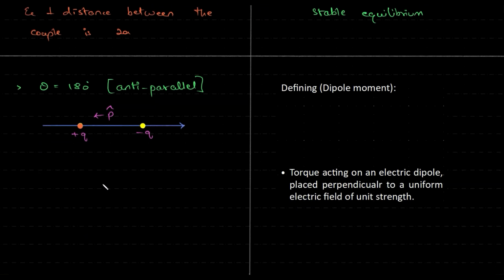What will happen over here? So we have charge, say, displaced in this manner. So what will happen? The positive charge will be getting pushed to the right, negative will be getting pushed to the left. So they will rotate in this way, that is away from their present status.